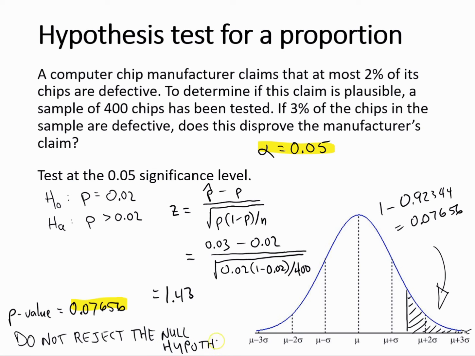So at the 0.05 level, we do not have sufficient evidence there to prove that they have more than 2% of their chips defective.